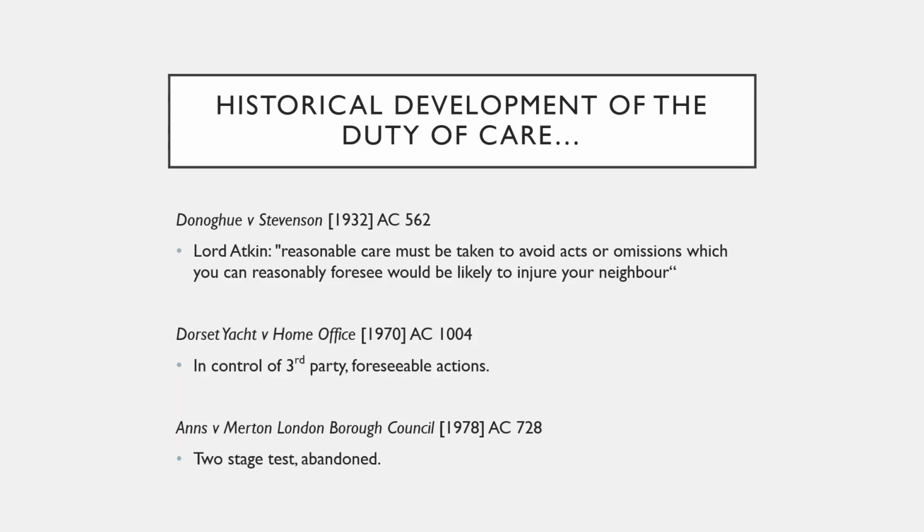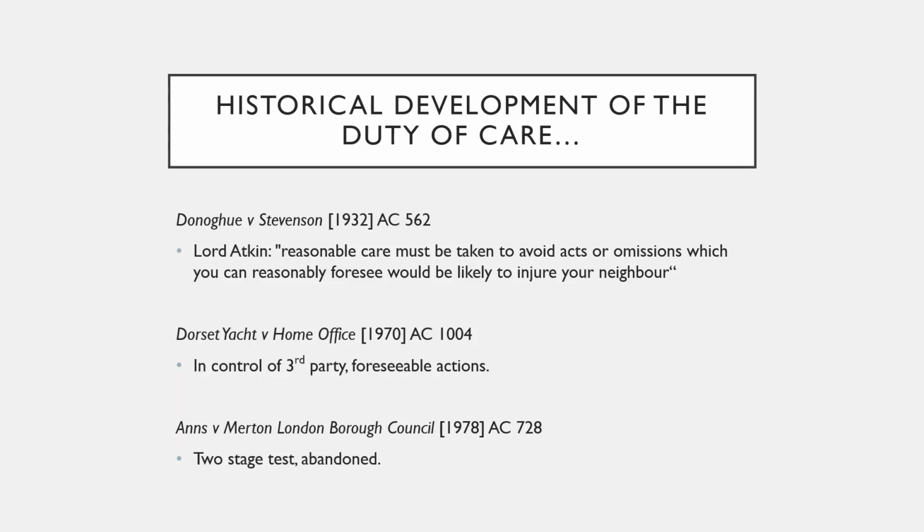This basically says your neighbour is all the people who would be affected by this product, action, whatever is in question. And reasonable foreseeability plays a big part because, as you'll see later, if you can't see this particular damage happening, how can you act against it? How can you prevent it?